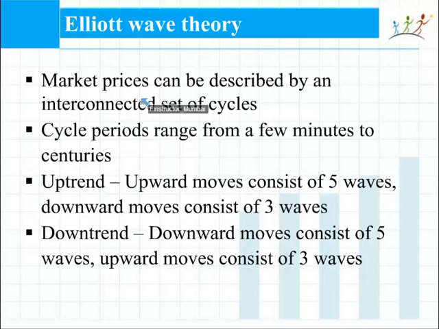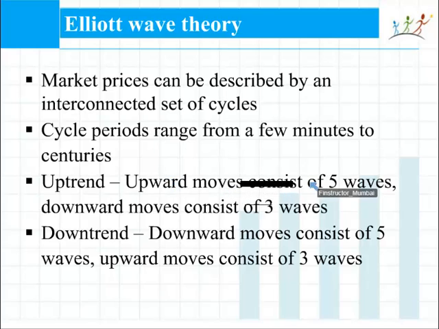According to the Elliott wave theory, an uptrend consists of 5 upward waves, whereas the downward move consists of 3 waves.